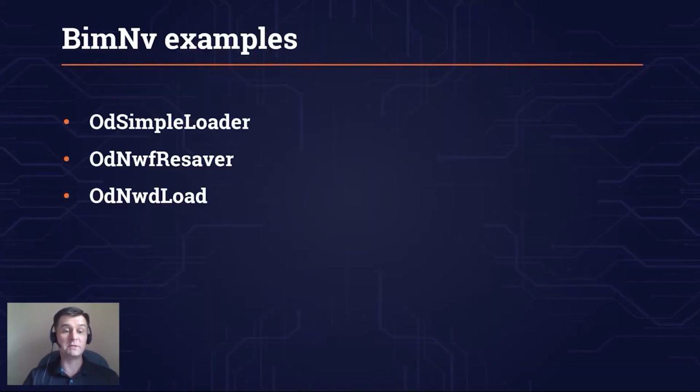OD NWF resave is just the example that shows the resaving, the initial editing capabilities for NWF, and the OD NW load example is, if to call it simple, a dumper example that loads and dumps the content of a Navis file.